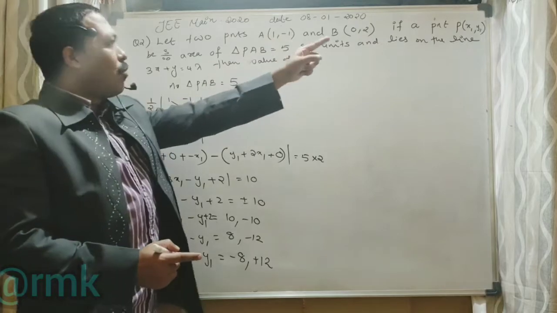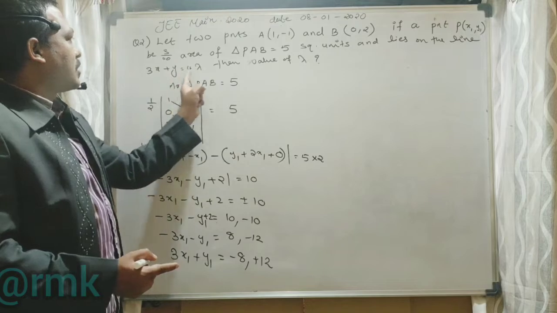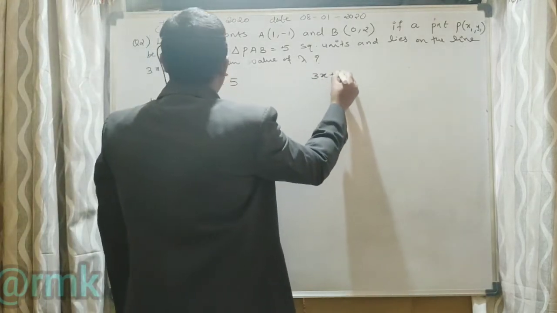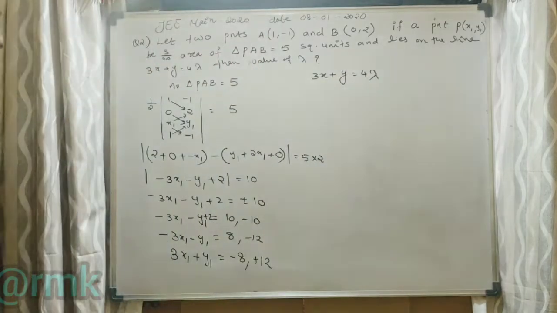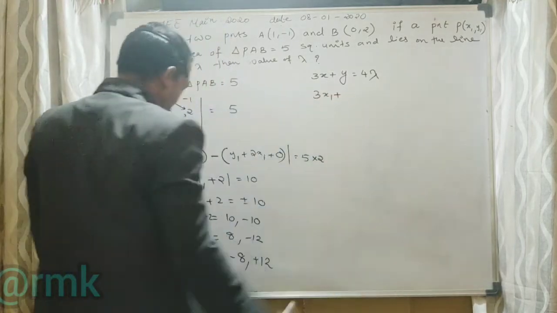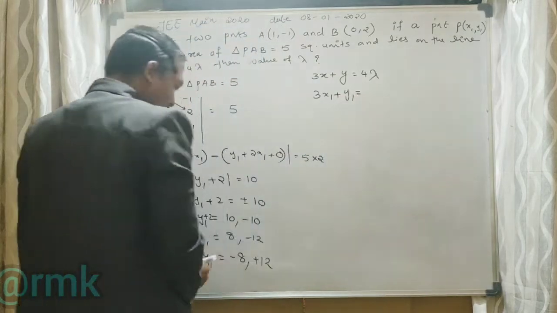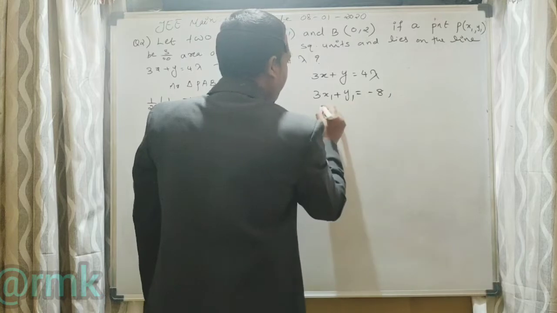This point P(x1, y1) lies on the line 3x plus y is equal to 4 lambda. The required equation is 3x1 plus y1 is equal to minus 8 or plus 12.